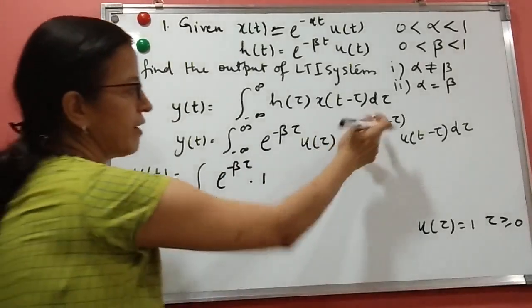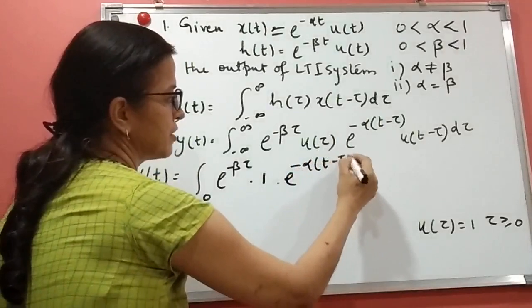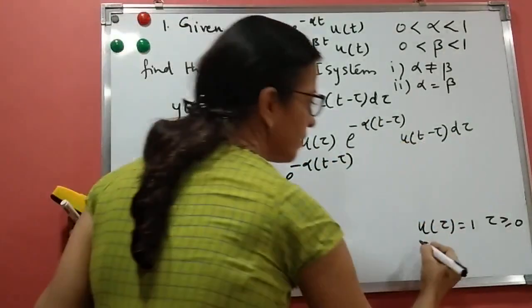Now the other term we write as it is, that is e raised to minus alpha times t minus tau. Now what is u of t minus tau?